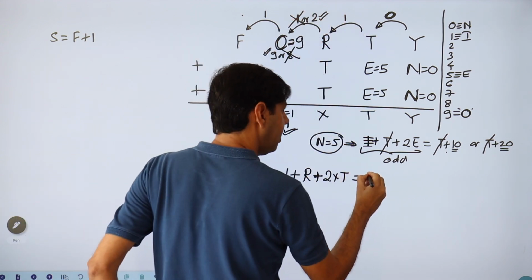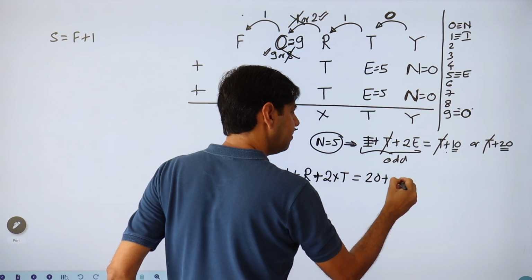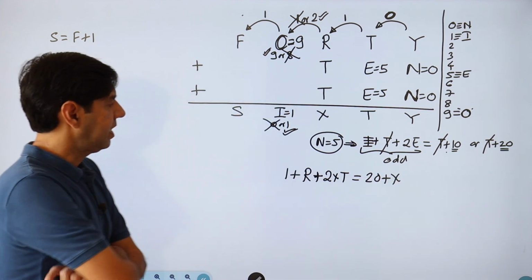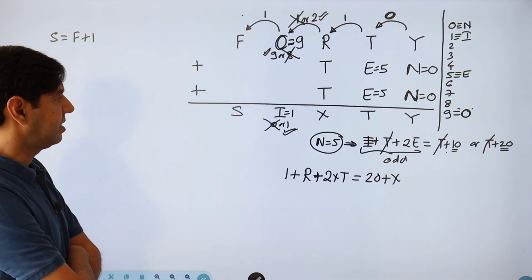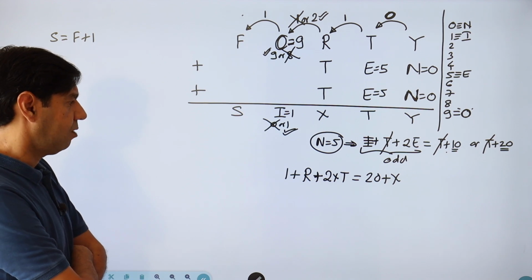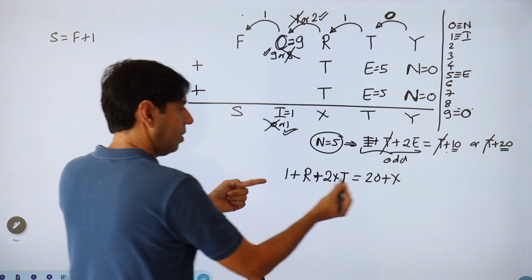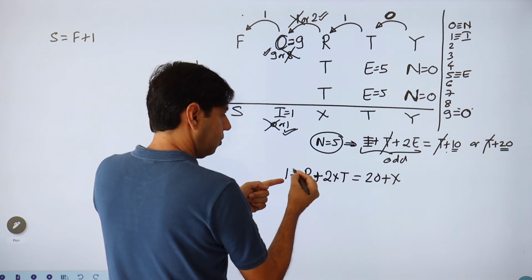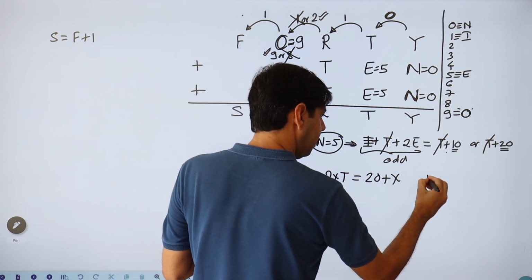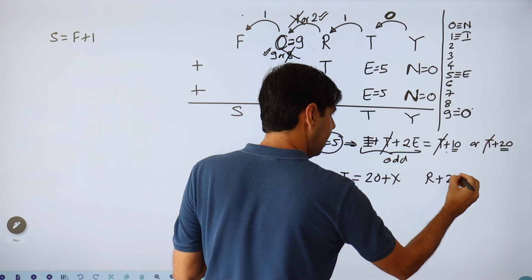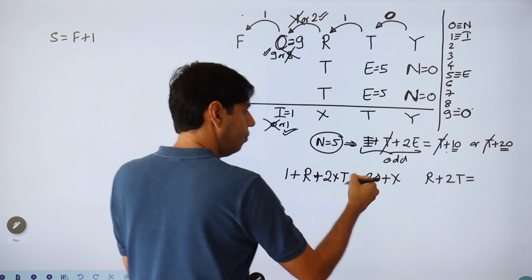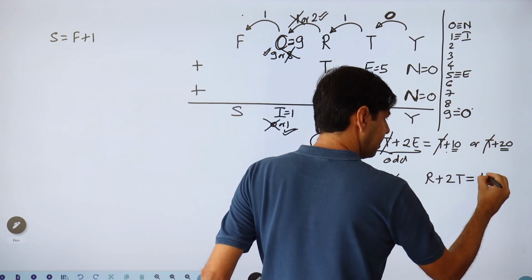So this is nothing but 20 plus X. So there's quite a bit here captured. So let's simplify this. So the 1 gets this. So this is going to be R plus 2T is equal to 19 plus X.